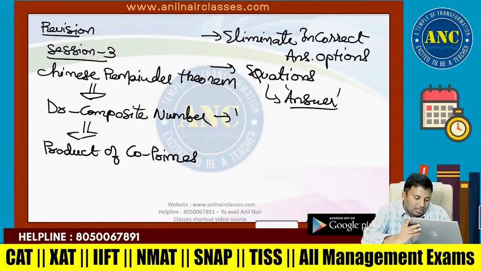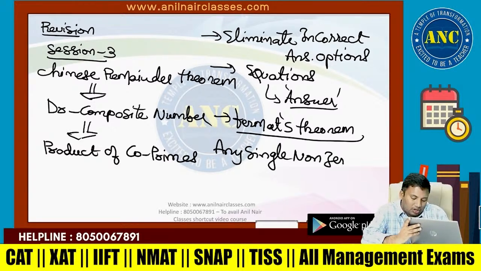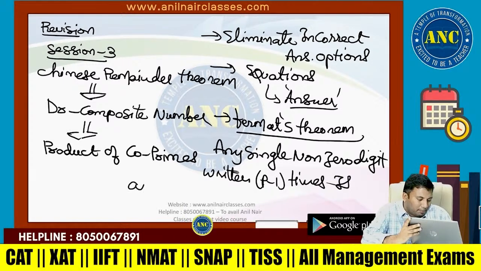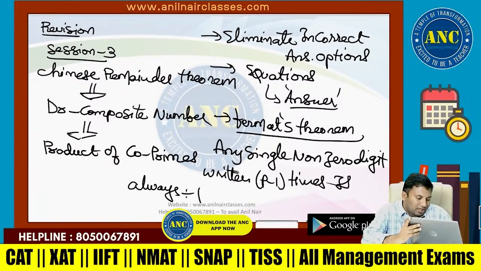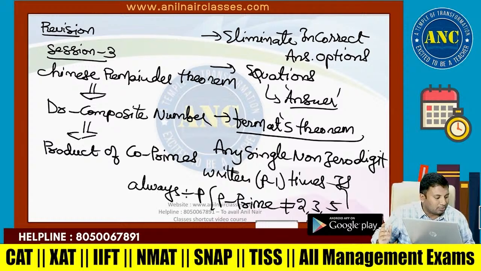We also discussed another important application from Fermat's theorem: any single non-zero digit written p minus 1 times is always divisible by p, if p is a prime number not equal to 2, 3 and 5. These are the concepts which we discussed in session number 3.